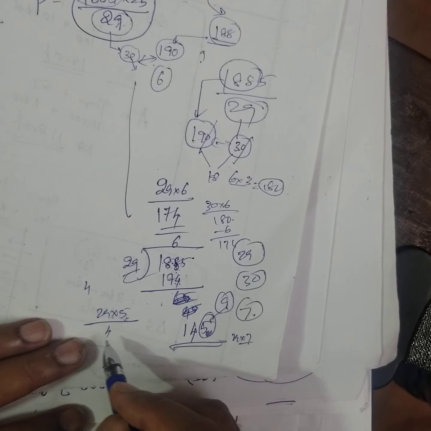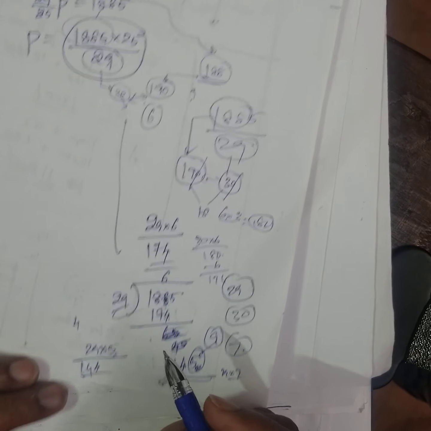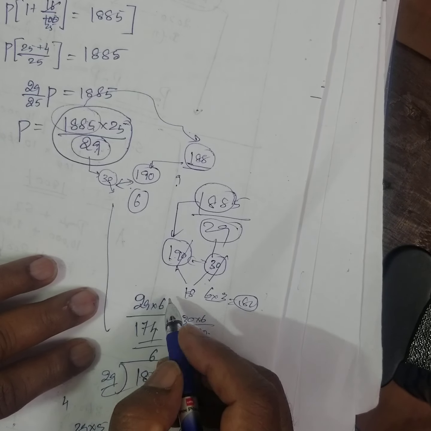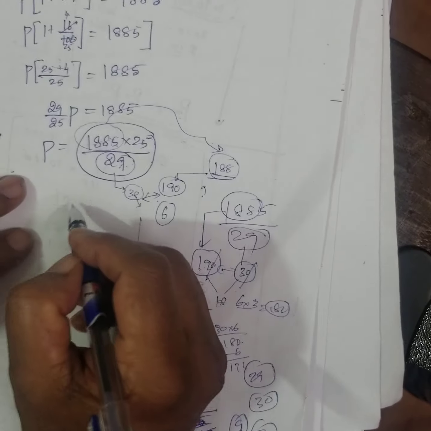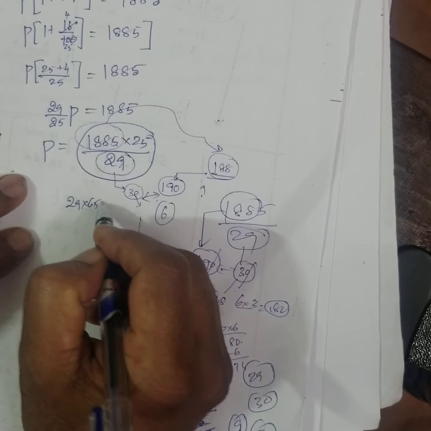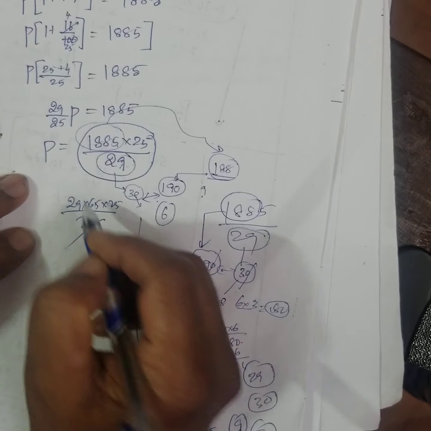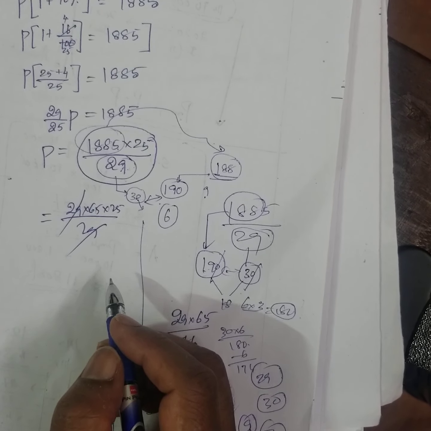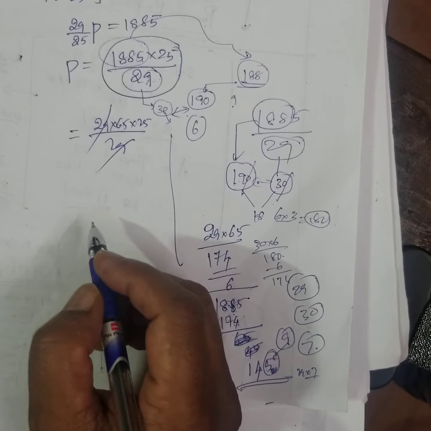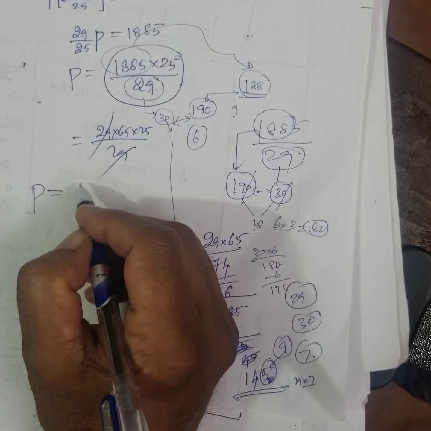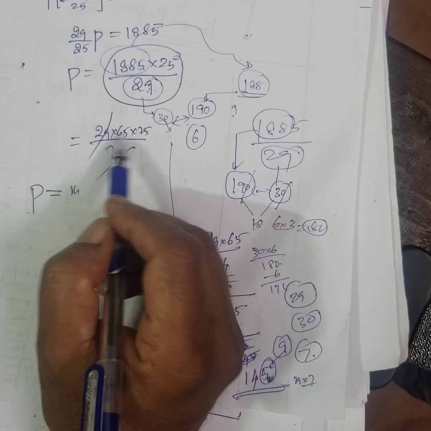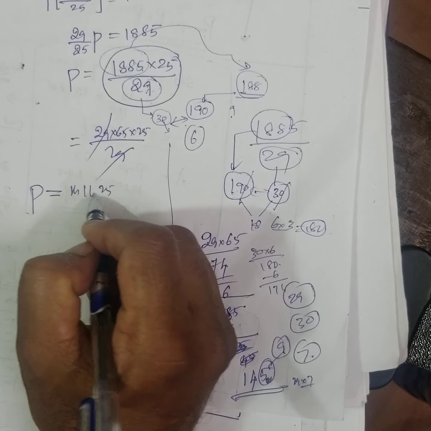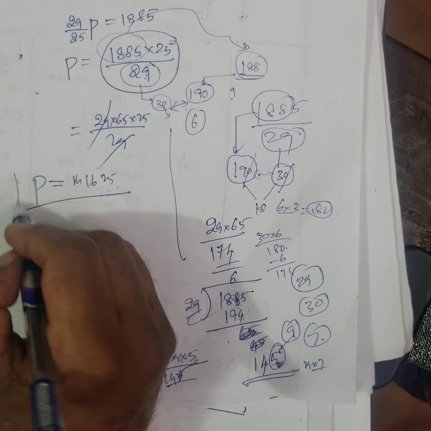Therefore 145 it comes. 29 145. Therefore 5 times it goes. Therefore 29 into 65 is 25 by 29. 29 gets cancelled. Therefore this calculation is a big problem for multiplication. You multiply this 25 into 65, it's 25. You'll get 1625.